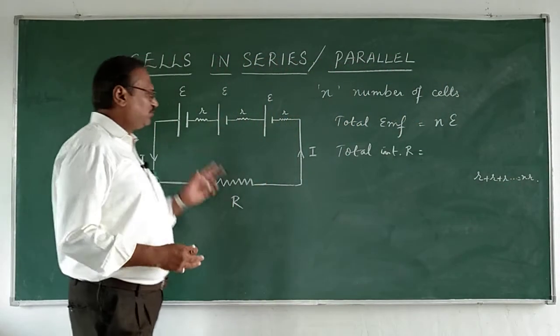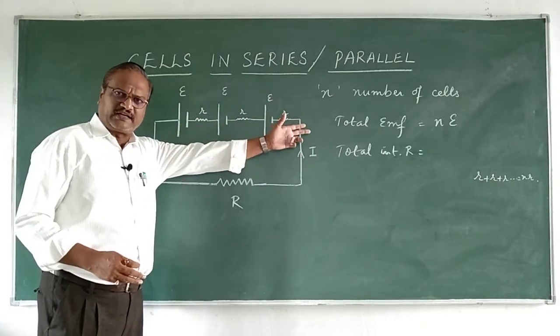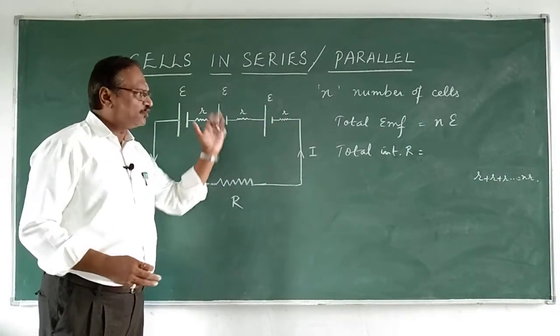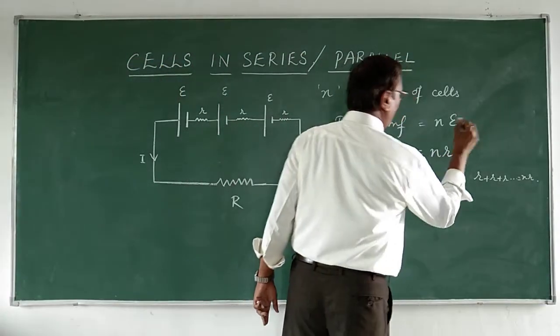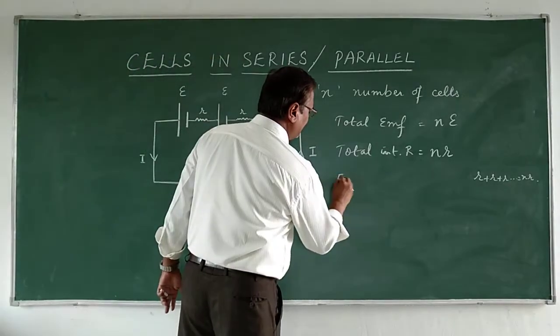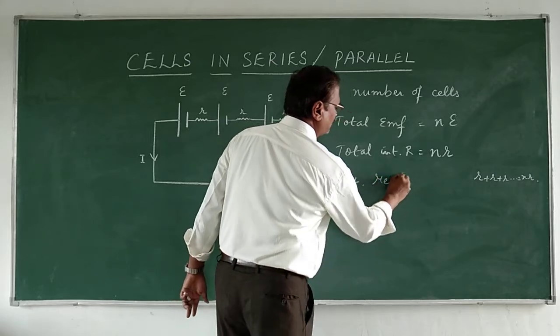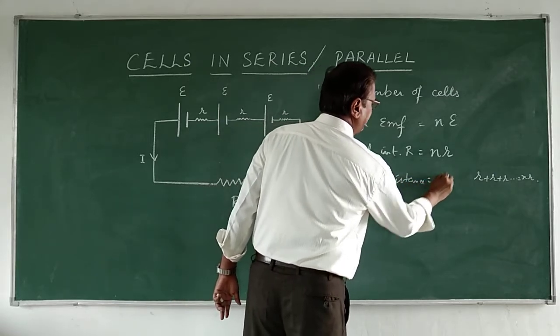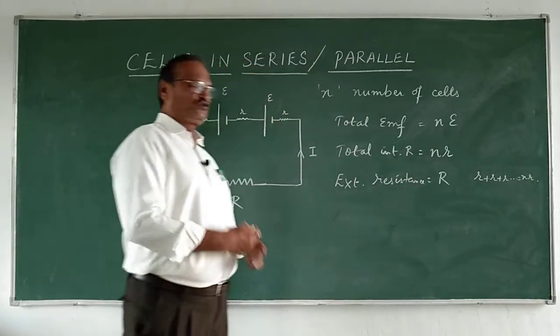In series you are going to add again r plus r plus r, so n resistors are the internal resistance, so N into r. So this term is N into small r. Now, what is the external resistance in the circuit? That is capital R. How many ohms? That you can add as you wish.